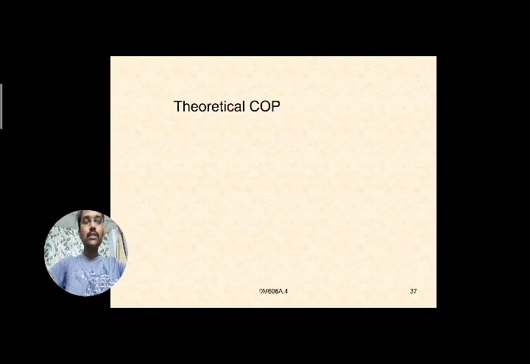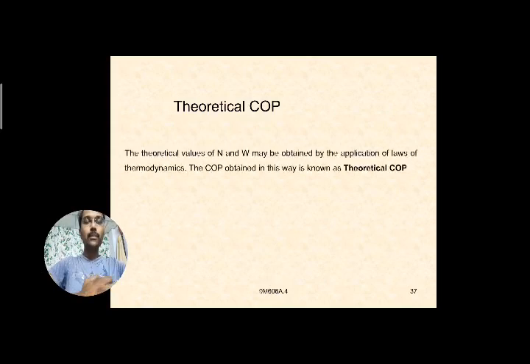By the application of laws of thermodynamics, we can determine the theoretical values of N and W, meaning output and input, and find out the COP. The COP found by using these laws of thermodynamics is termed a theoretical COP.